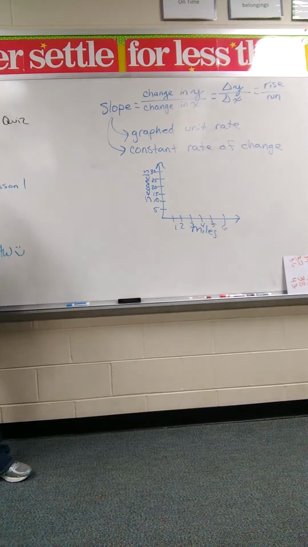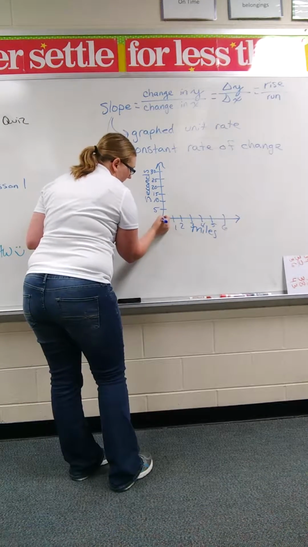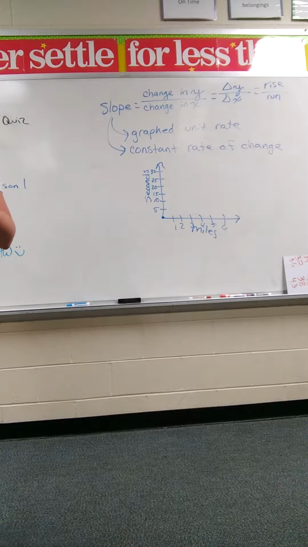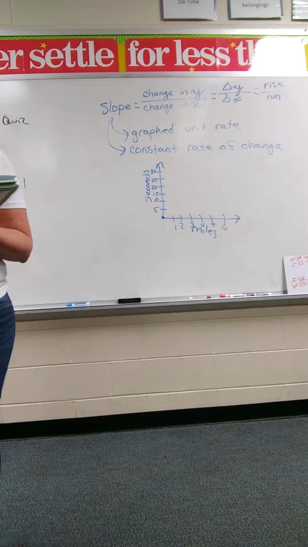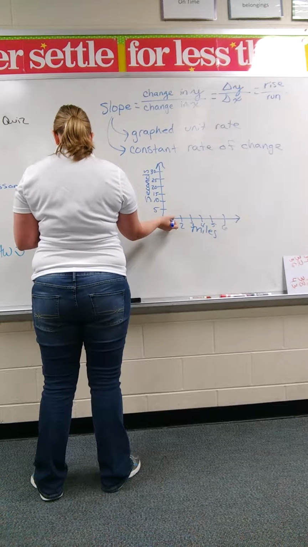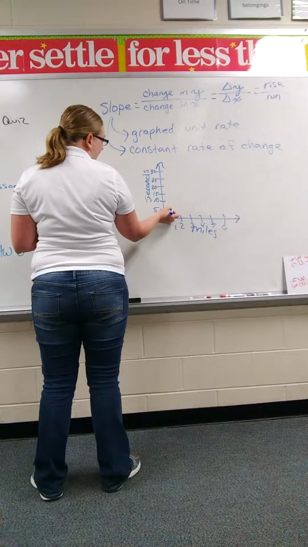Okay? So we have the point 0, 0. That means that in 0 seconds we traveled 0 miles. That's good. That means that the car is not traveling without us. Okay? At 1 mile, we traveled 1 mile in 5 seconds. So I'm going to put a point here.